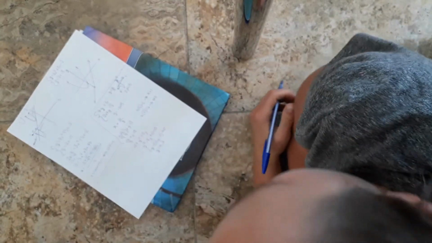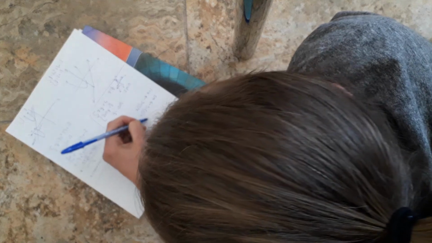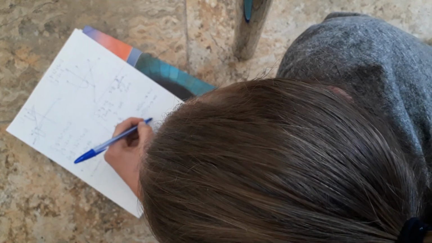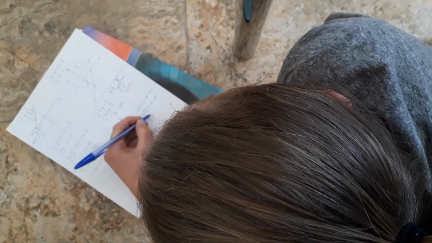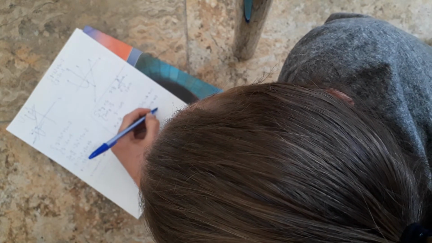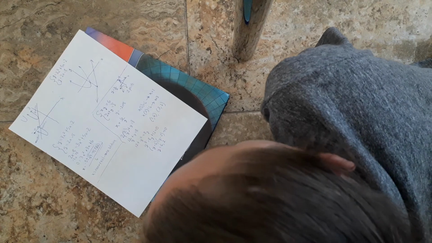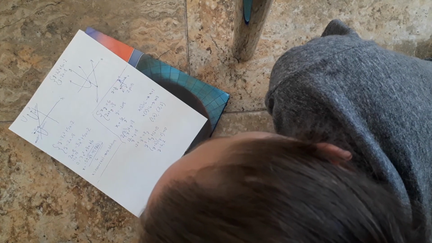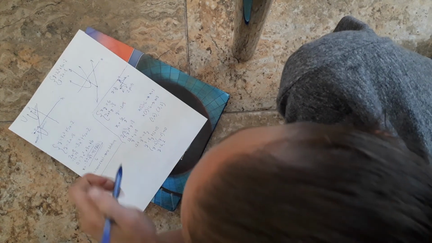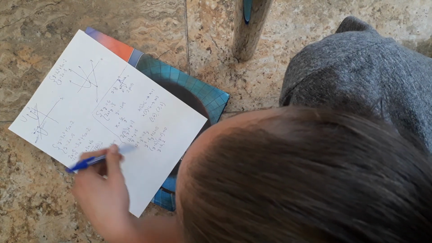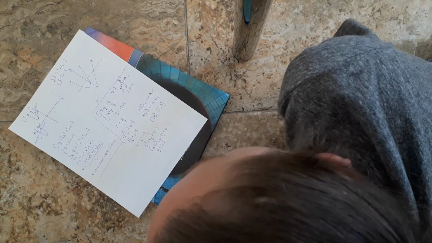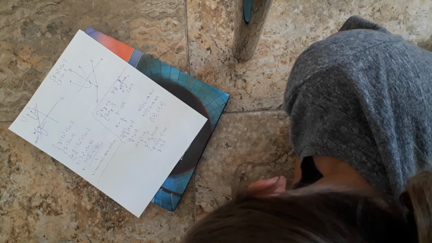And those should be our 2 solutions. We have (1, 6), as well as (3, 2). Those should be the 2 points where we get an intersection on the graph. You can check it by graphing, or you could check it by plugging those 2 points back into your equations. Either way, those are going to work.